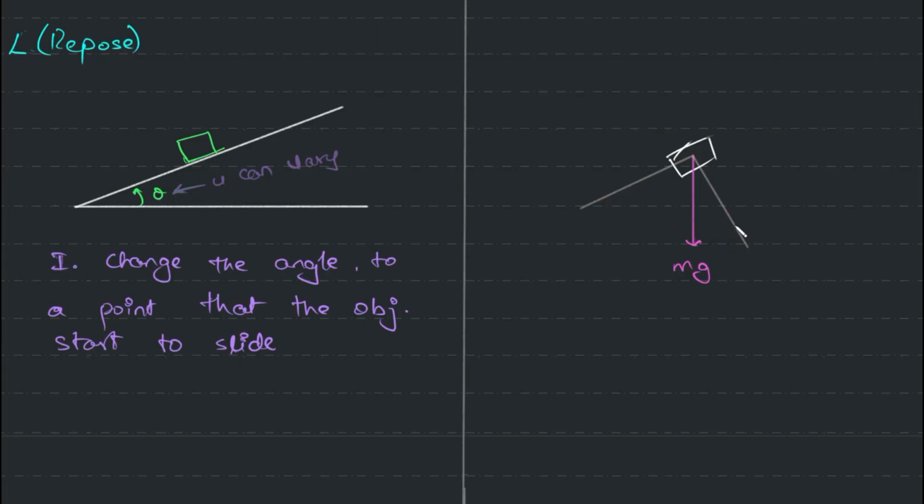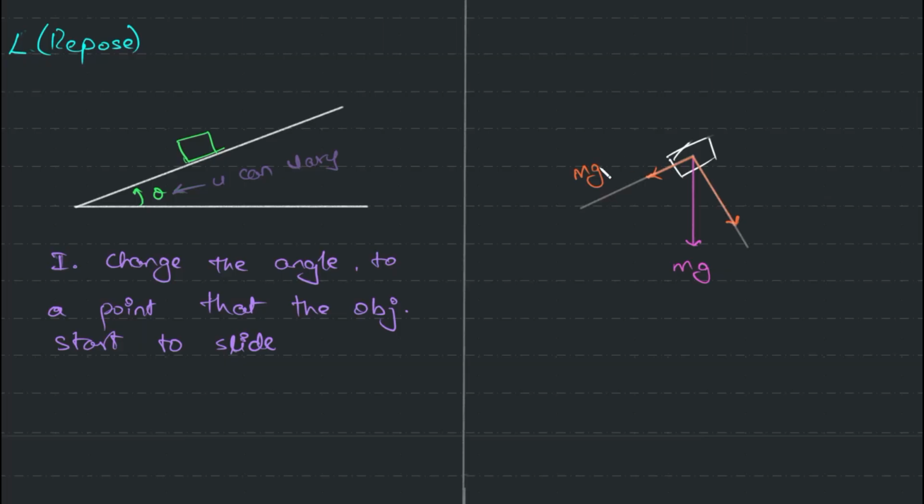So somewhere over here is your component along a line perpendicular to the slope, and this would be somewhere over here. That point will be your pulling force, the sliding force.